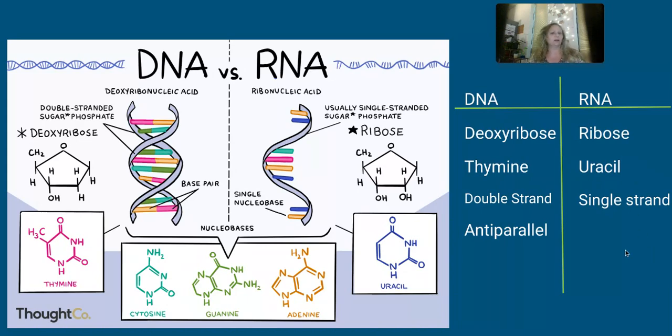Uracil will still bond with adenine. We just won't find any thymine in the RNA, only uracil. DNA, again, because of that missing oxygen, is able to be double-stranded. RNA is going to be a single strand. And DNA, because of the double strands, of course, is going to run anti-parallel.